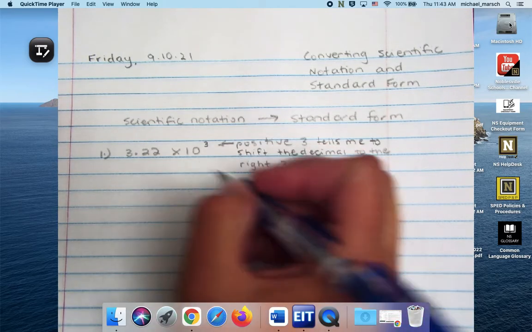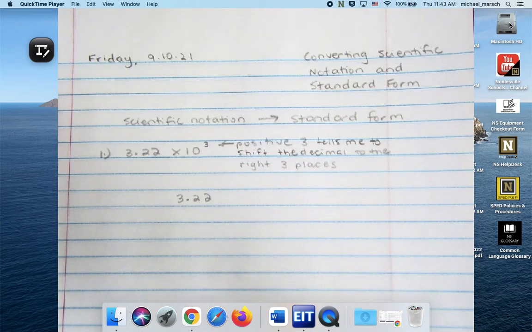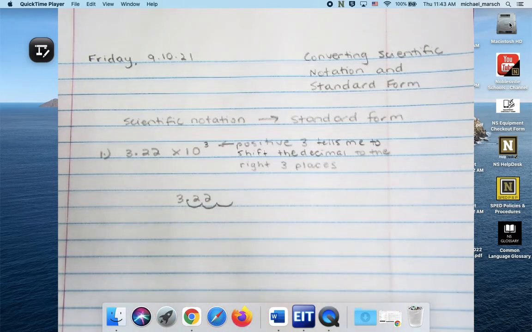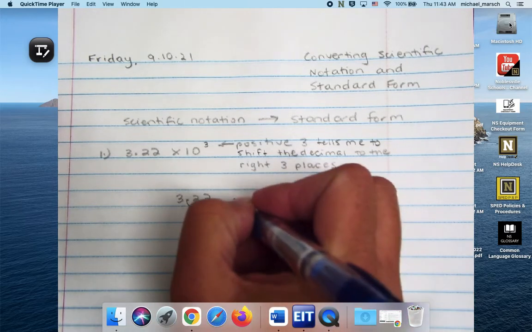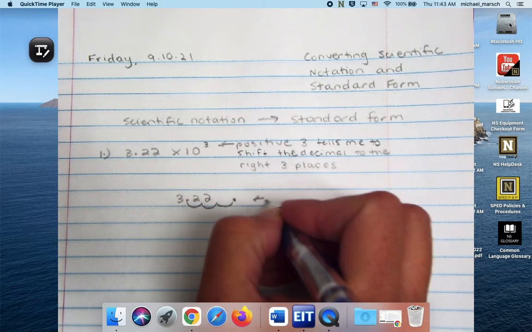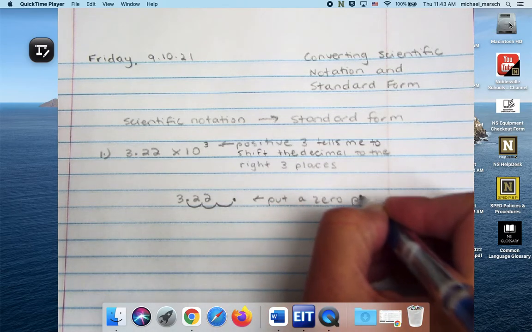Okay, so I'm going to do 3.22, and I'm going to move the decimal 3 places. 1, 2, 3. Now my decimal is here. I'm going to put a 0 placeholder.